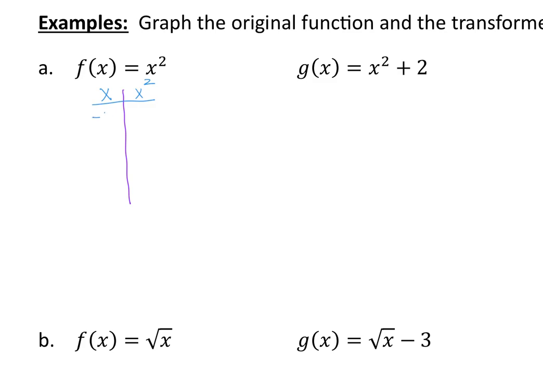The ones we're going to use for x squared are -2, -1, 0, 1, and 2. Remember that our parent function is a parabola starting at the origin, and we do want the left and right side of this parent function. So if we square -2, we get 4. If we square -1, we get 1. And for the other numbers, we get 0, 1, and 4.